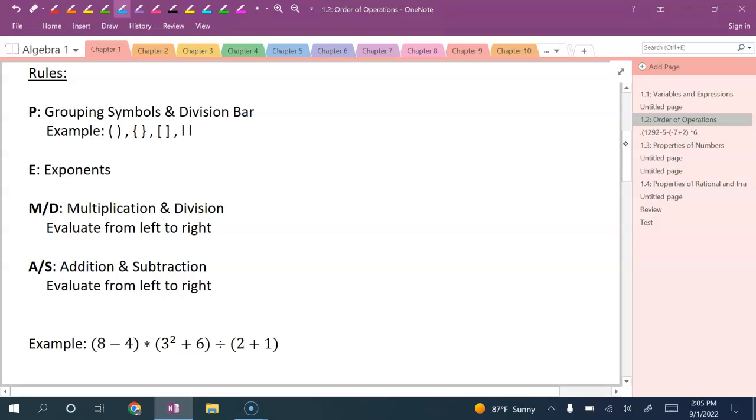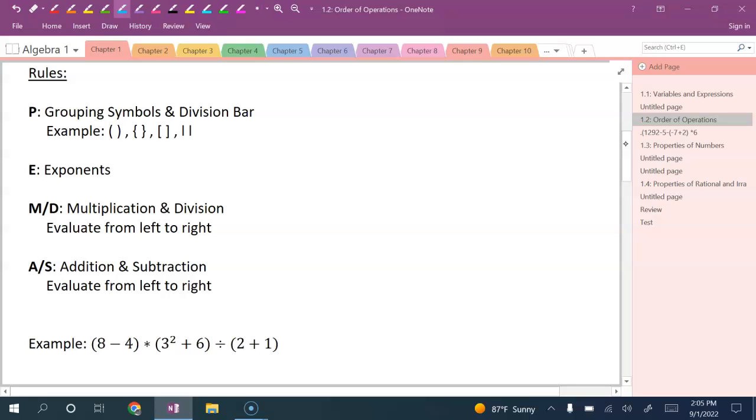P stands for parentheses, but that also gets into any type of grouping symbols, or if you have a really big division bar like a fraction. So that could be any type of parentheses, any type of brackets that you might see inside of a problem. E stands for exponents. So it would be something raised to a power, anything like that.